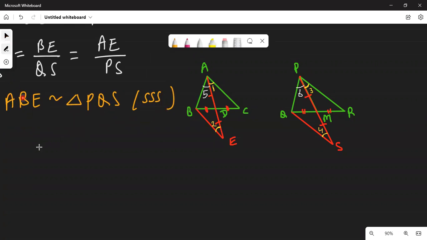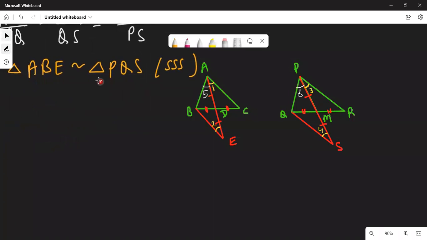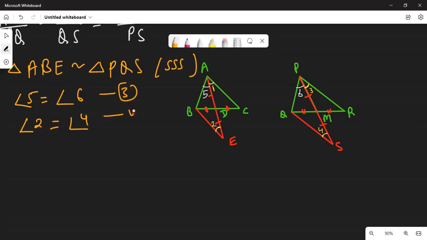And once we have shown these two triangles similar, we can say angle 5 is equal to angle 6. Also, we can say angle 2 is equal to angle 4. Let's say this is equation 3 and this is equation 4. These both angles we have shown equal by corresponding angles of similar triangles.